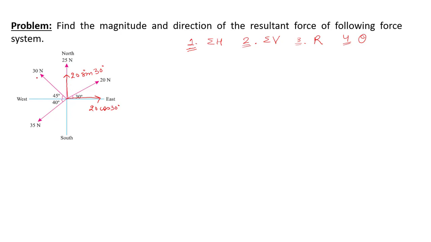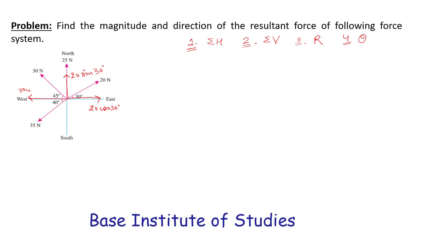For this force 30 Newton, making an angle 45 degree with the horizontal axis, the components will be 30 cos 45 degree and 30 sin 45 degree.